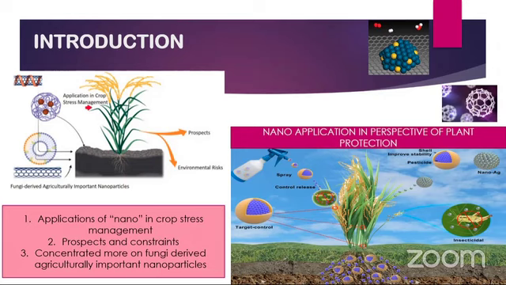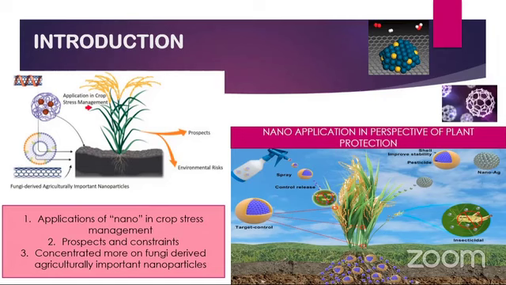From the picture on the right, it can be understood that the benefits of using nanopesticides are that they are target-specific, coated or primed with silver nanoparticles, which increases shelf life and, more importantly, stability.